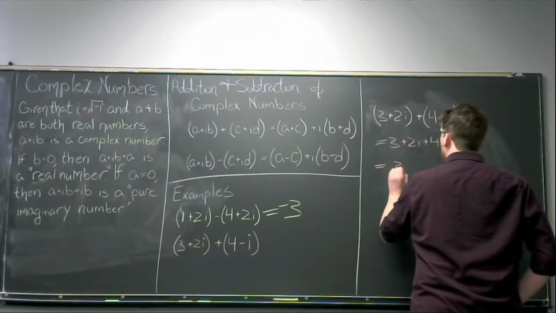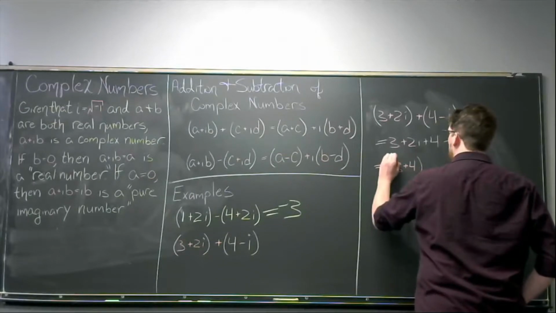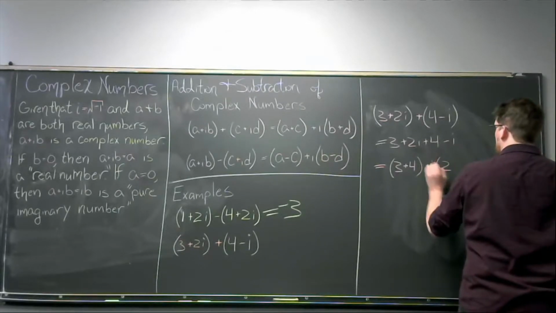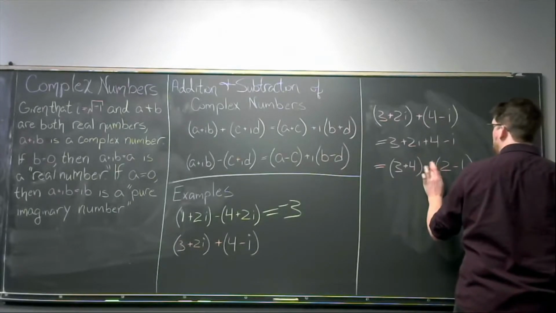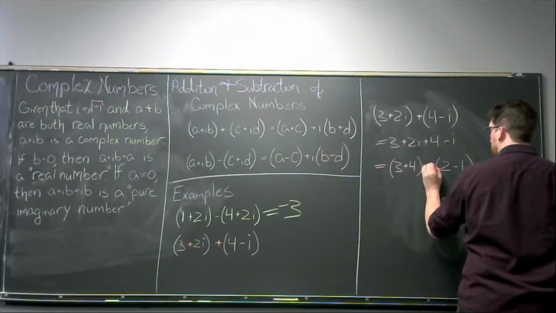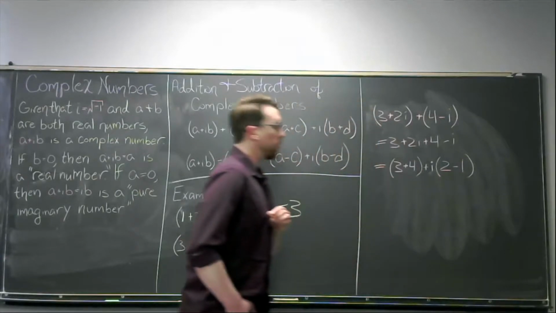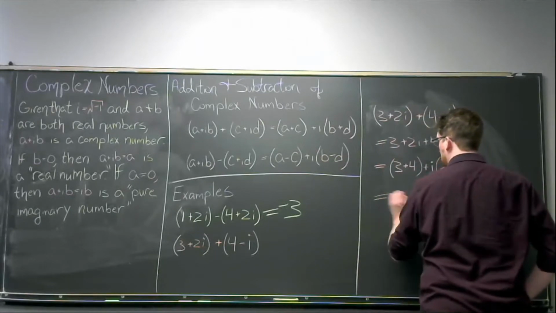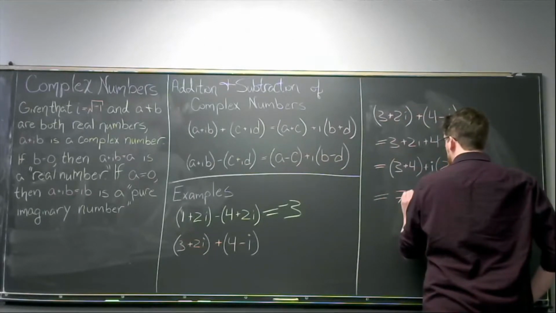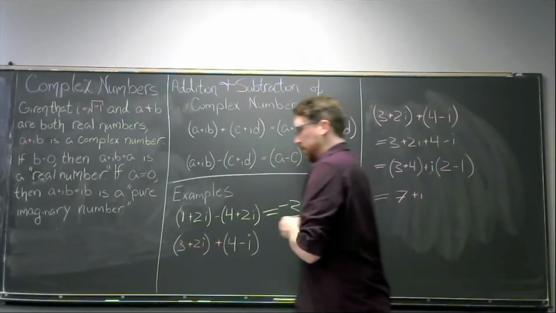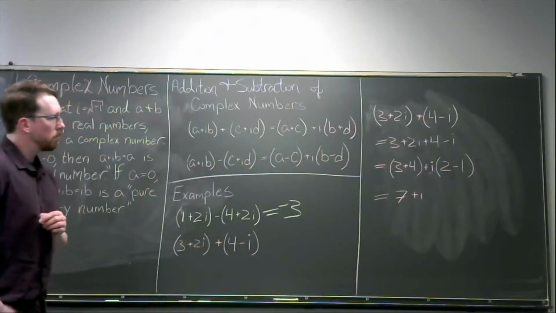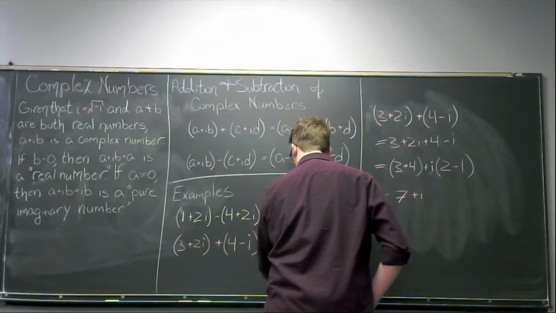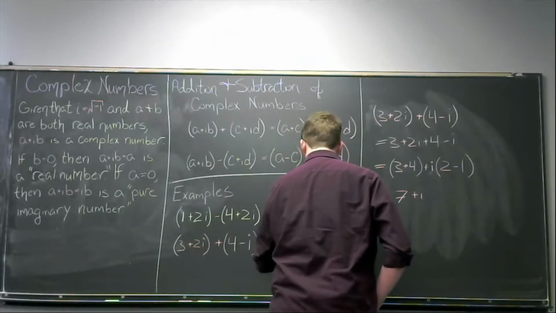We're going to have 3 plus 4, that's our real part, plus 2 minus 1, that's our imaginary part. Doing the arithmetic, we've got 7 plus i. So the answer to our second example problem is just 7 plus i.